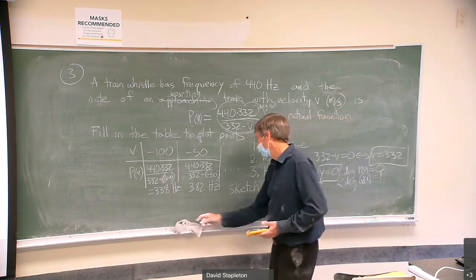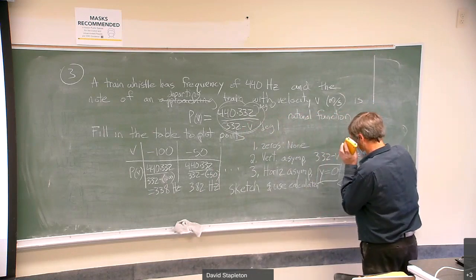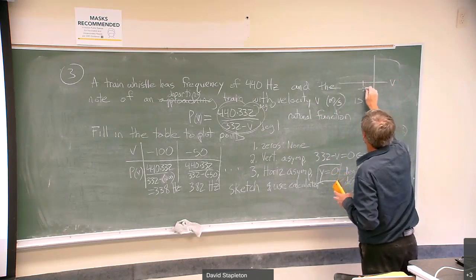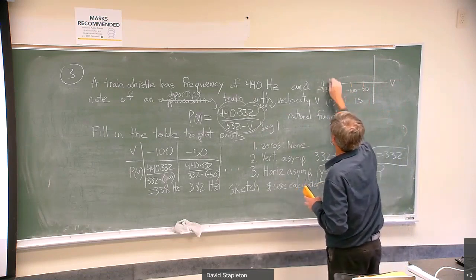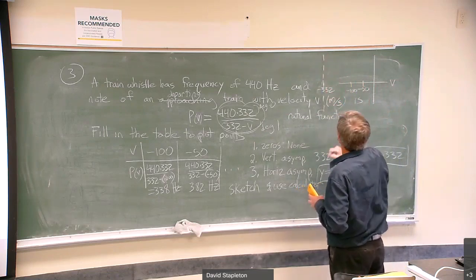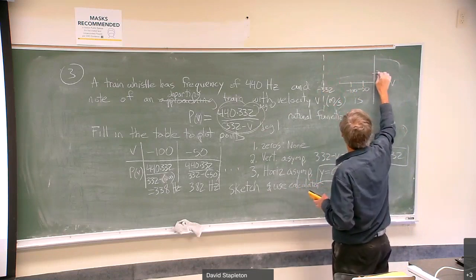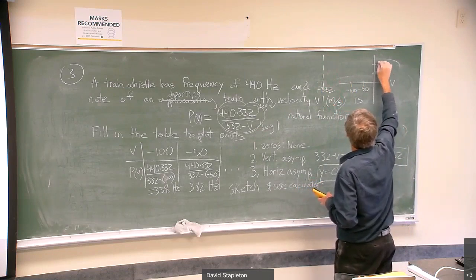Put it up here, I guess. Here's V, plotted at minus 50, minus 100. Out here, at minus 332, there's a vertical asymptote. If I plot it at minus 50, I get 382.